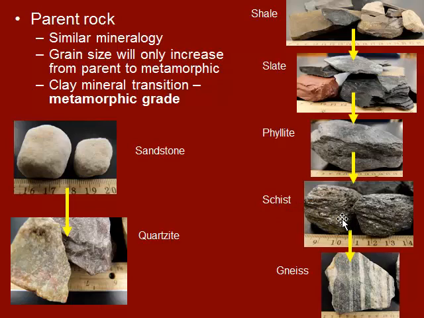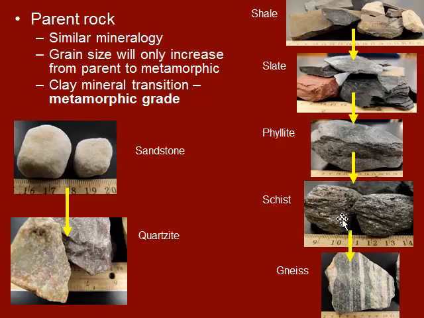And a schist is where we have actual mineral grains that you can see with the naked eye, and they're foliated. So your schists can have micas present, garnet, chlorite, talc. You can have some quartz present and amphibole. So schist can be broken up into different mineral compositions.